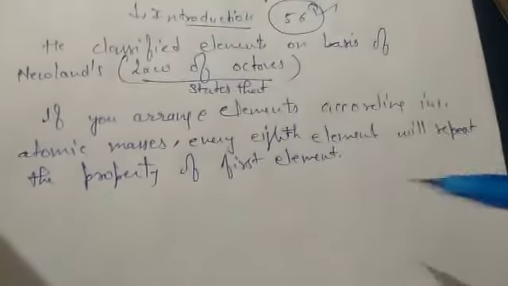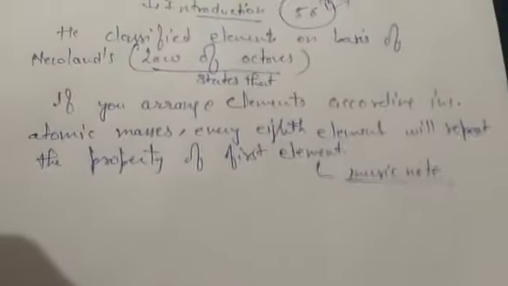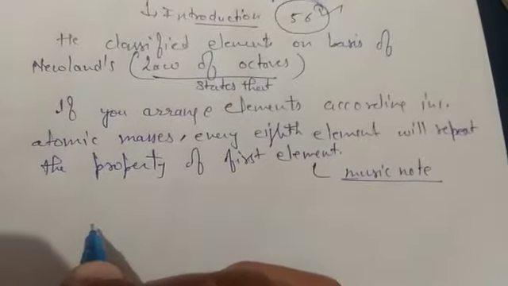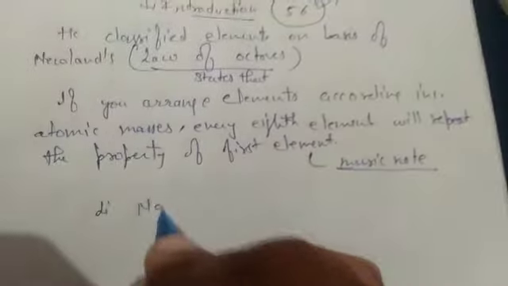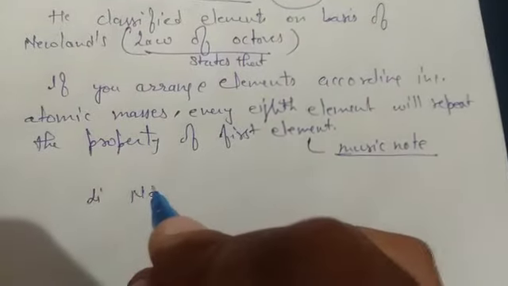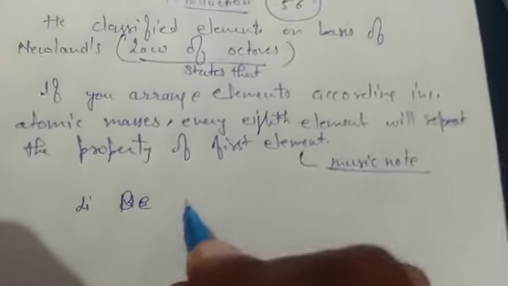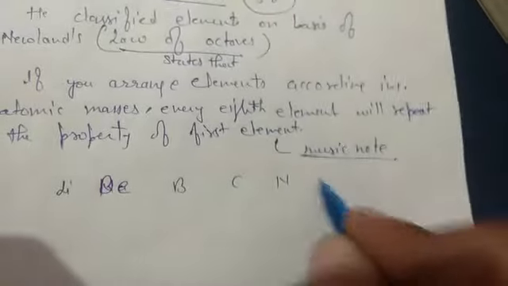He even matched this law with the music notes, that is sa re ga ma. So the law of octaves is sometimes compared with music notes. Now for example, if you take the first column, you will start with lithium, then you come to beryllium, boron, carbon, nitrogen, oxygen, fluorine.